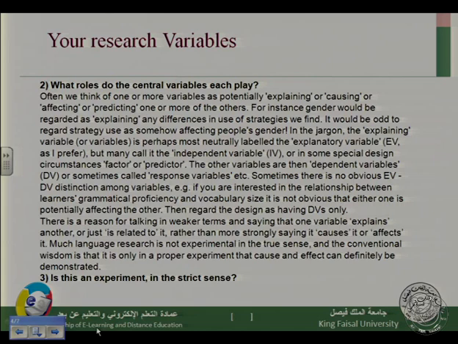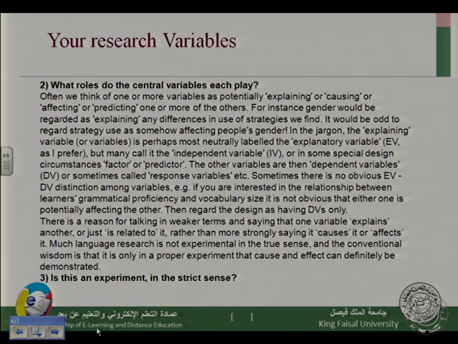There is a reason for talking in weaker terms and saying that one variable. So let's read from here. Much language research is not experimental in the true sense, and the conventional wisdom is that it's only in a proper experiment that cause and effect can definitely be demonstrated. This is very important to know, that people think that all research is experimental. No, it's not experimental at all.